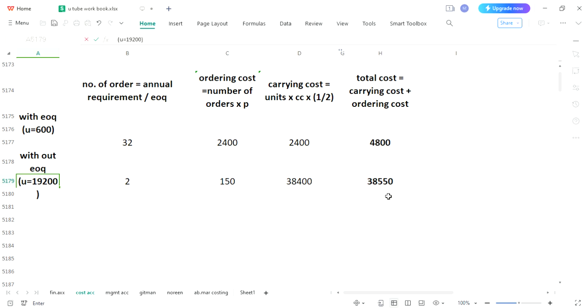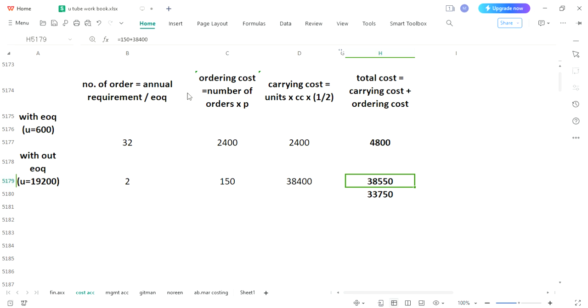And now it's time to calculate your saving. How will you calculate saving? The difference between the two amounts would be saved. So at this stage, total cost without economic order quantity was 38,550, and subtract 4,800. This would be your calculation of saving, and that is what was required in your question.